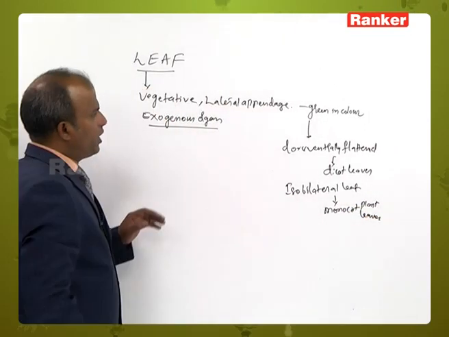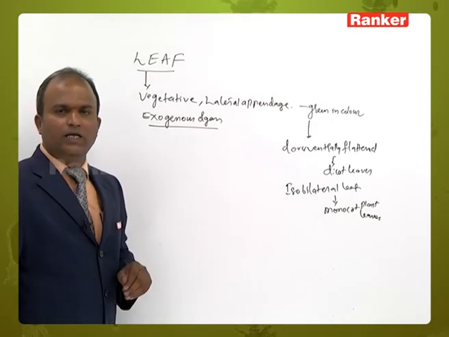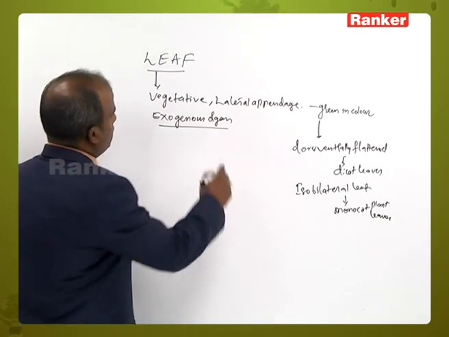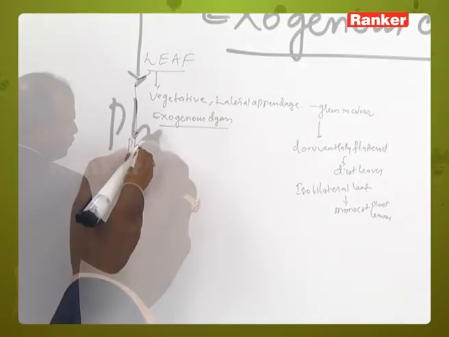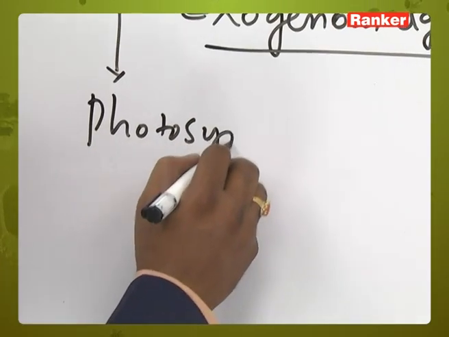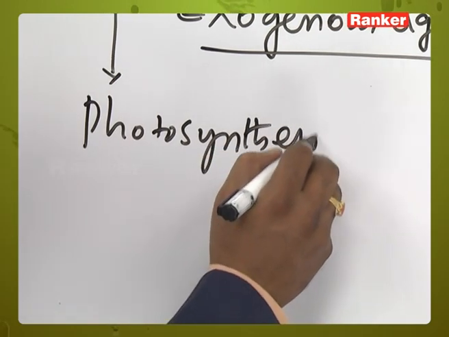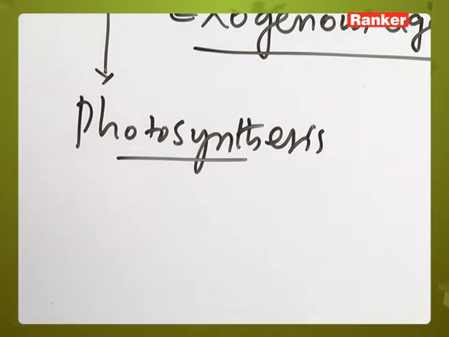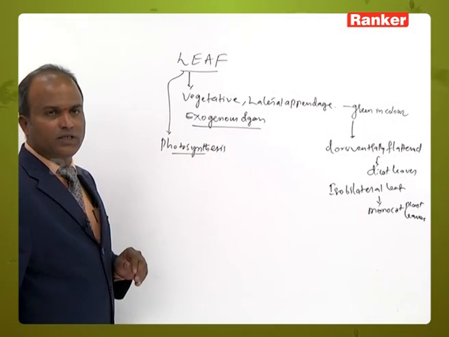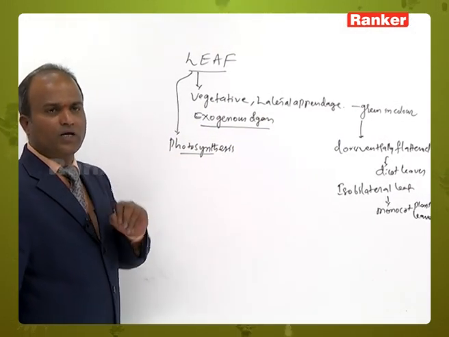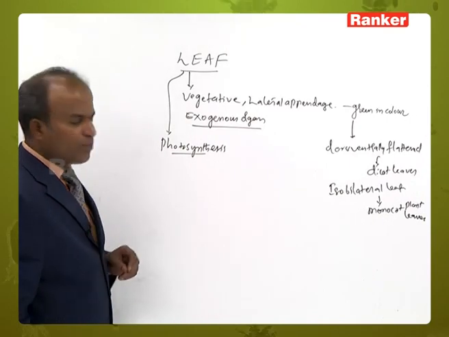And what is the important function that is performed by the leaf? It is nothing but photosynthesis. During photosynthesis, which simple substances are mixed to form a carbohydrate?